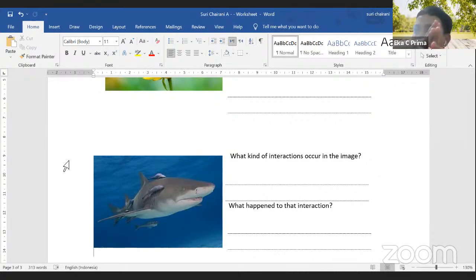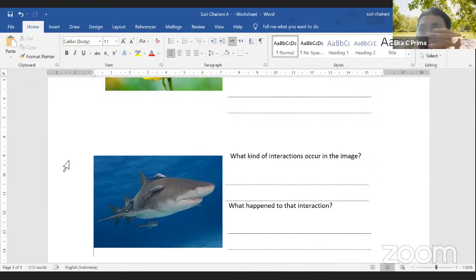So it could be mutualism, but I don't know, because if it is just based on what the student reads from the book, it means the science acquired by the student is not based on observation, it is only based on reading the text, right? So that is my opinion.